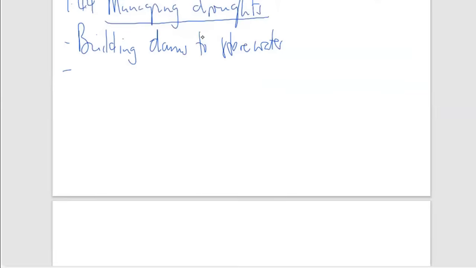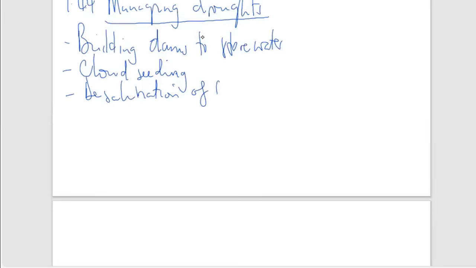Right, we can also look at other aspects like cloud seeding. We try to use artificial methods of seeding clouds so that we can have rainfall. We can look at desalination of ocean water or seawater. Desalination, we are saying we are removing salts.